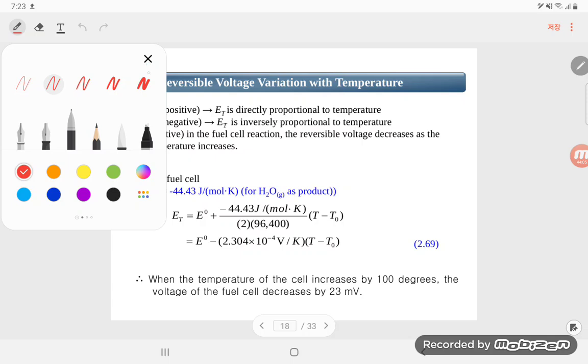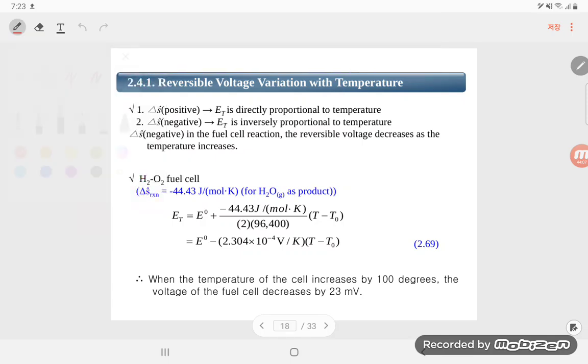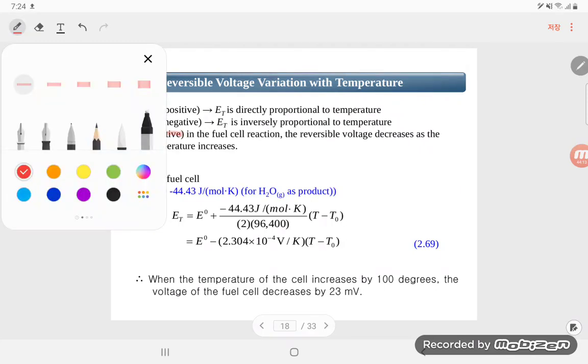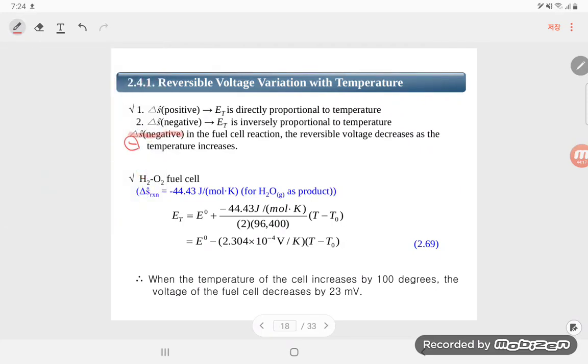But when you check delta S in the fuel cell, delta S has the negative value, which means the reversible voltage decreases as the temperature increases. That means if we increase the temperature, then the fuel cell voltage will be decreased.